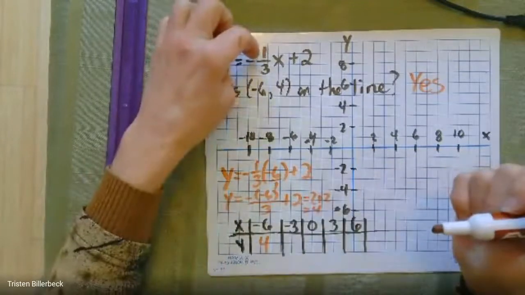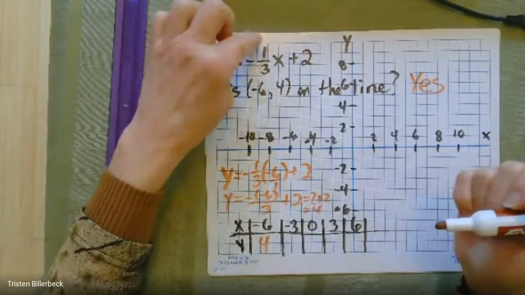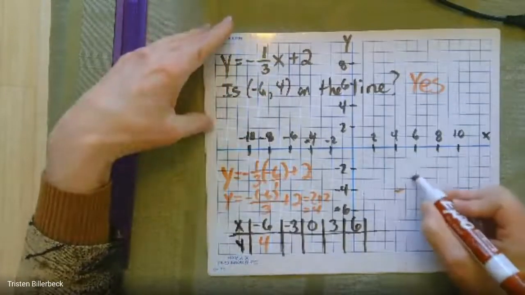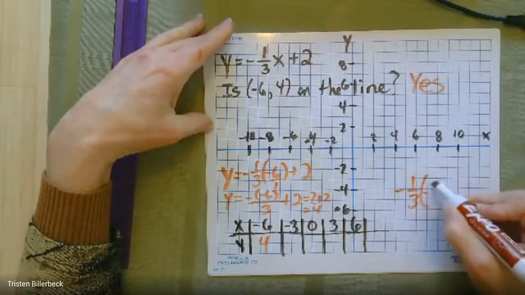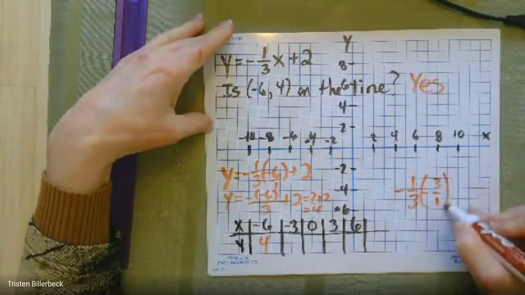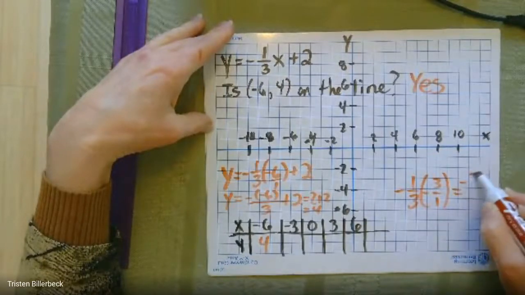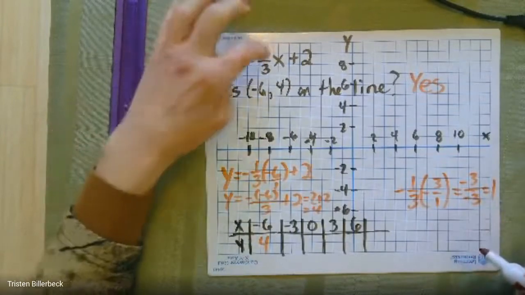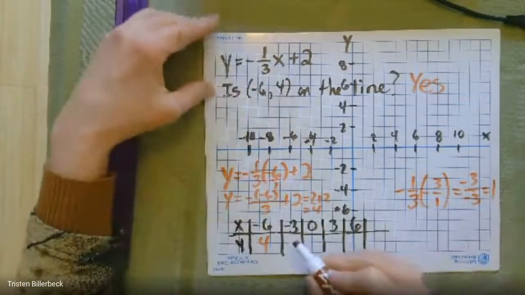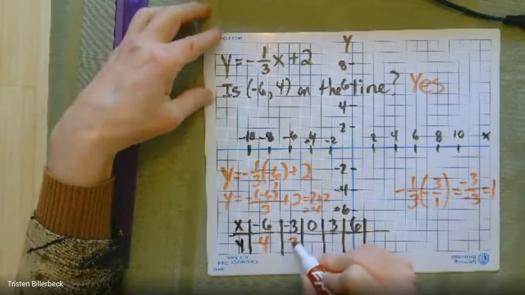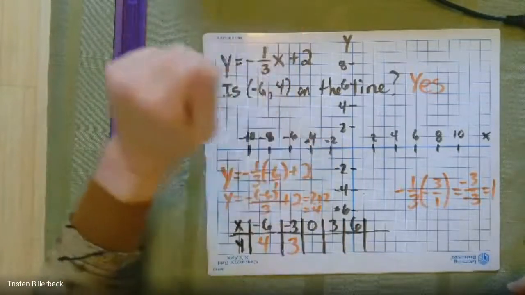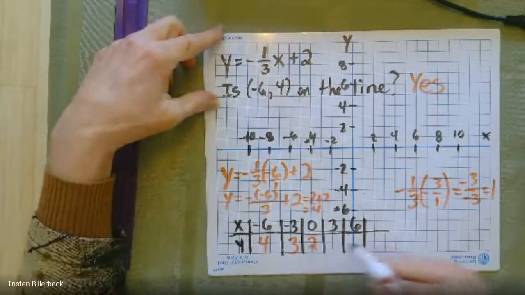So if I have -1/3 of -3, so we know that -1/3 of -3 over 1 equals -3 over -3. Well, that's just 1. So then we have 1 plus 2. So 1 plus 2 is 3. 0 plus 2 is 2.